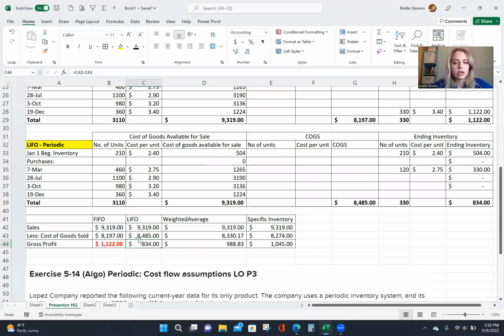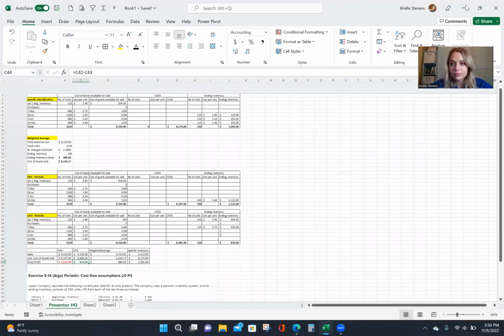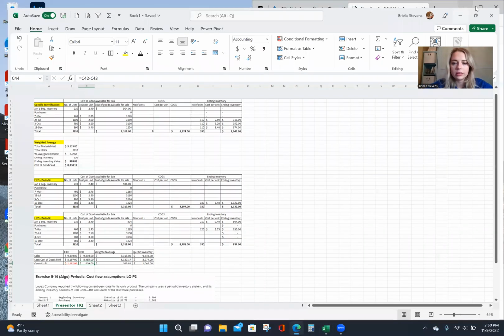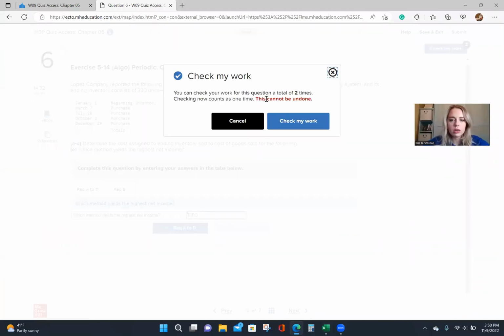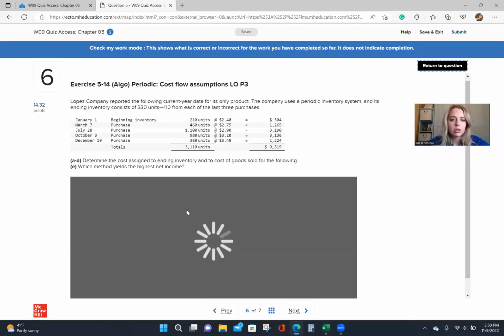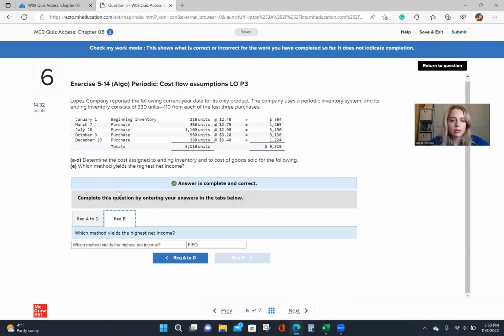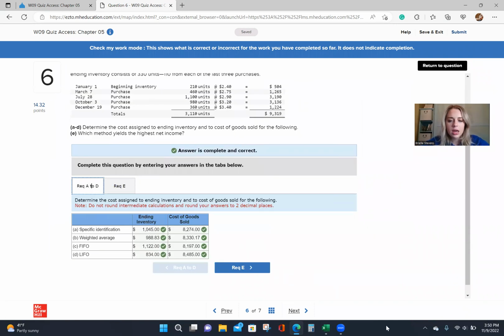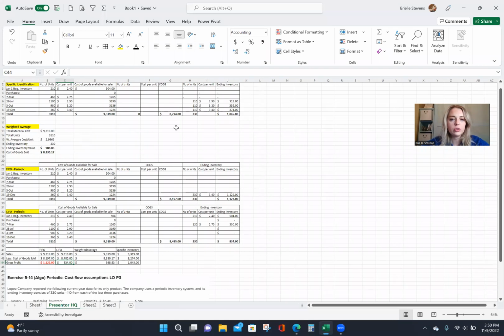So I just marked it red, which made it really easy to go to my quiz and type in FIFO. If I check my work on this problem, we will be able to see that everything is complete and correct.